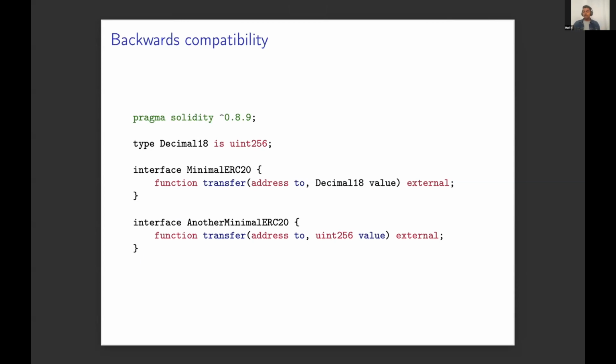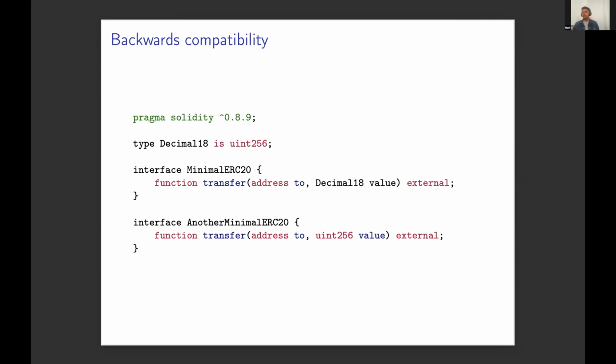A very important thing to note about this is that the types are fully backwards compatible. What does that even mean? It means that even when you have to implement a contract that needs to follow a standard which was written a long time ago, you can still use the user-defined value types to interface with it or rewrite it.